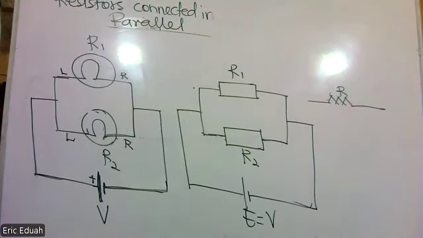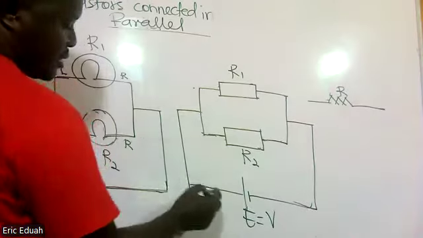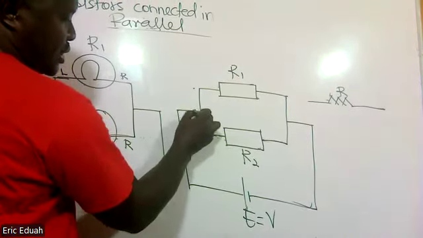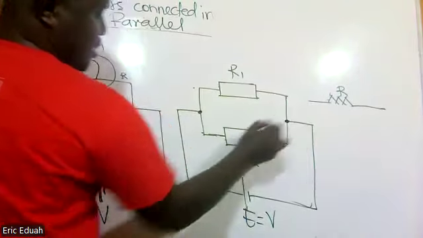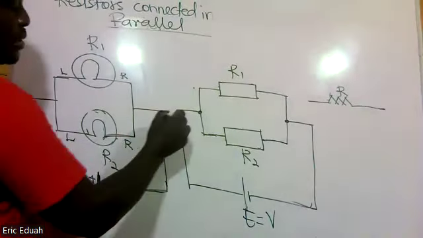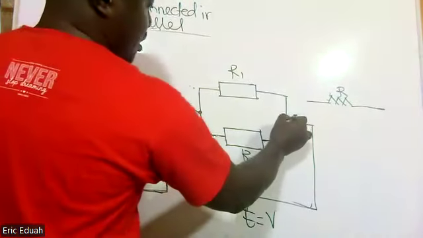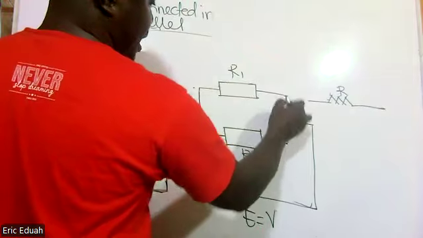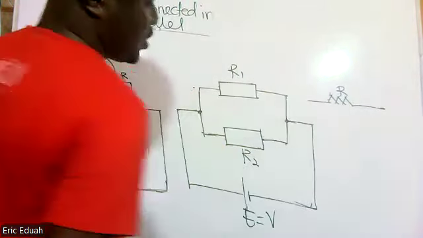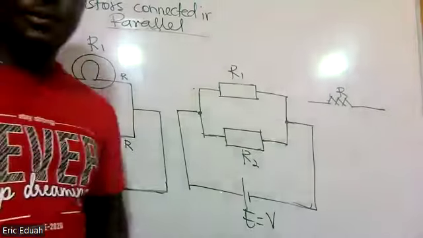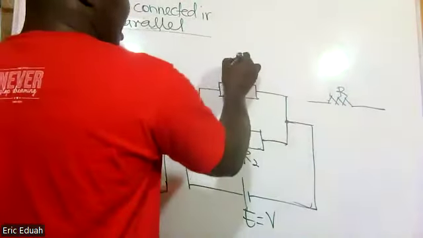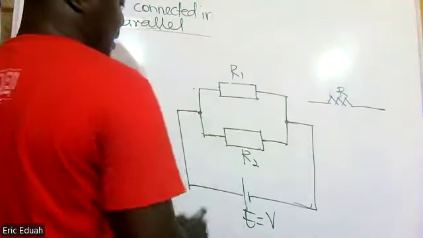Now, when resistors are connected in parallel, you see, over here there is a junction. When you look at this point, or this point, we have three wires. Because there is a junction, when the current gets to the junction, it will break.